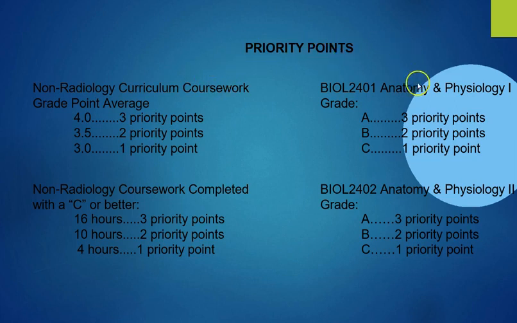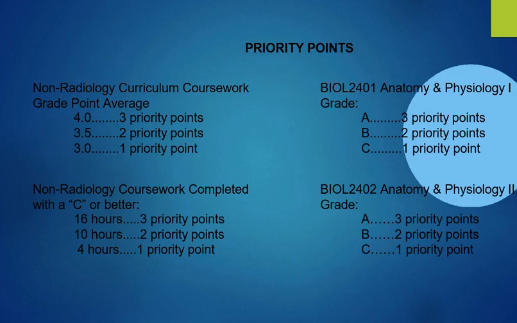With the priority points, basically you can get a total of 12 priority points. You have A and P 1 and 2, what you made in A and P 1 and 2. If you made an A, it's 3 points, a B, 2 points, a C, 1 point, for both A and P 1 and 2. This says non-radiology curriculum coursework grade point average.